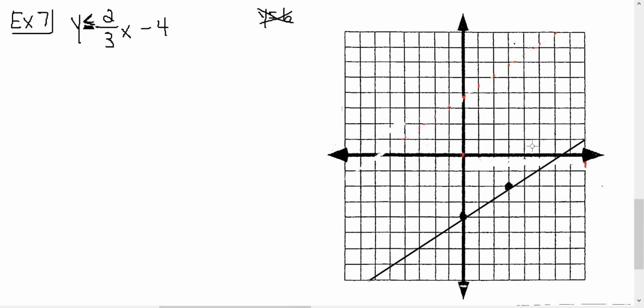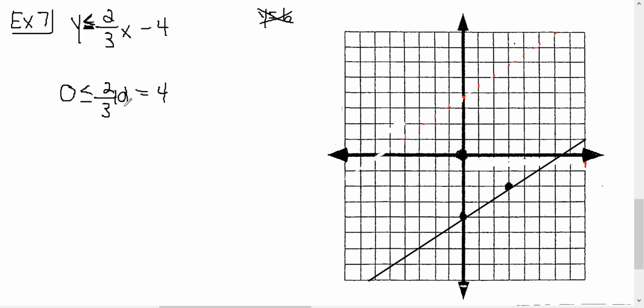Take our test point of 0, 0 and plug it in. 0 for the y is less than or equal to 2 over 3 times 0 minus 4.